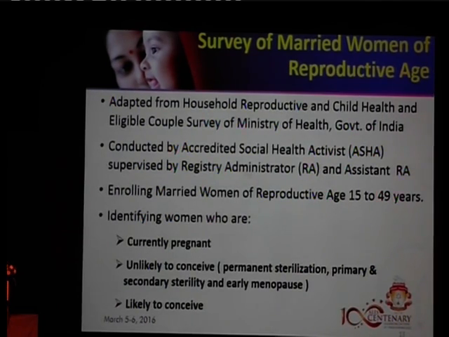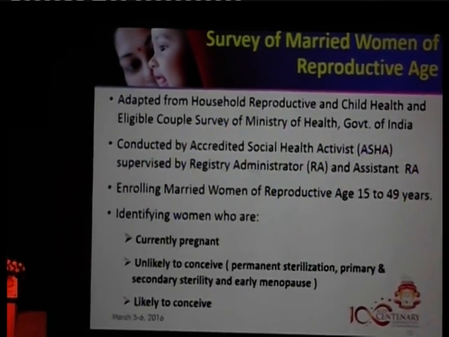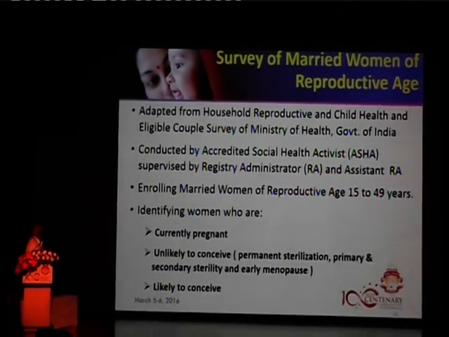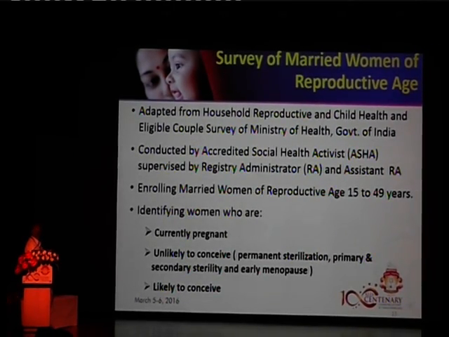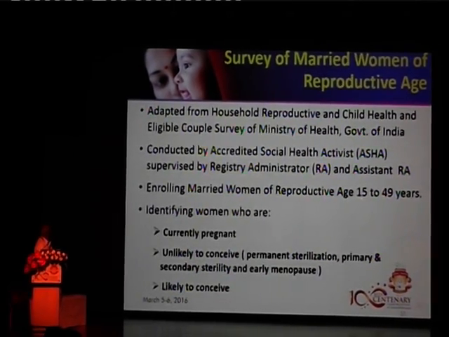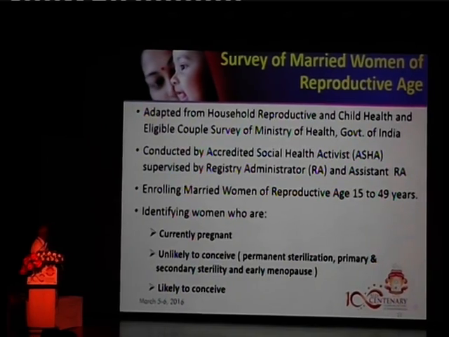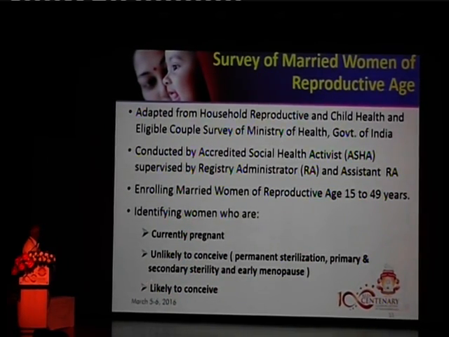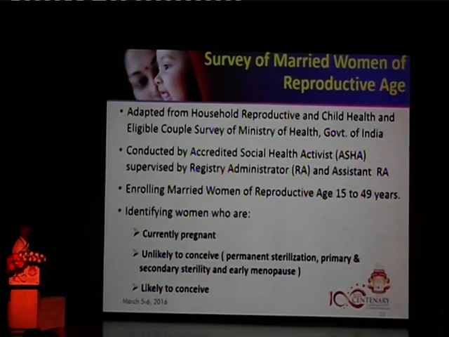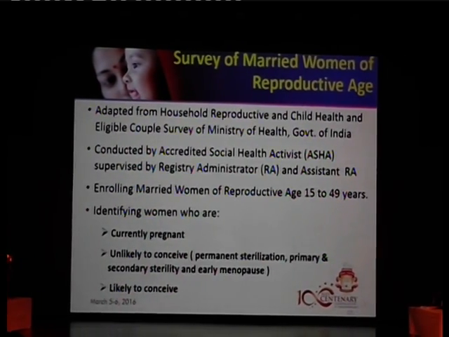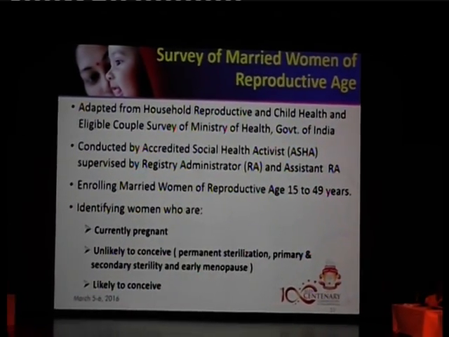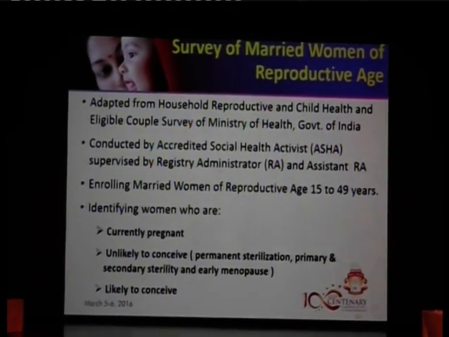They are assisted by registry administrators and assistant registry administrators. They enroll married women of reproductive age between 15 and 49 years. They identify those who are currently pregnant, those who are unlikely to conceive, and those who are likely to conceive. Ultimately, what we want for the next year is the currently pregnant and likely to conceive.